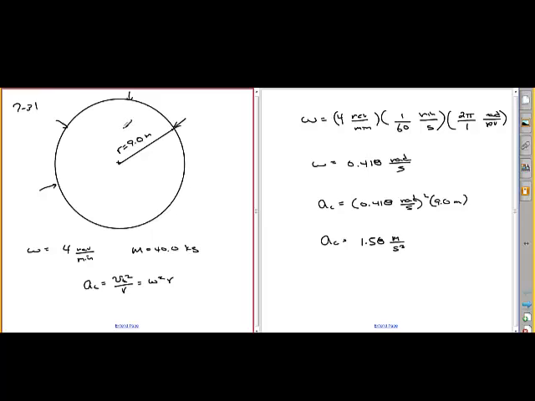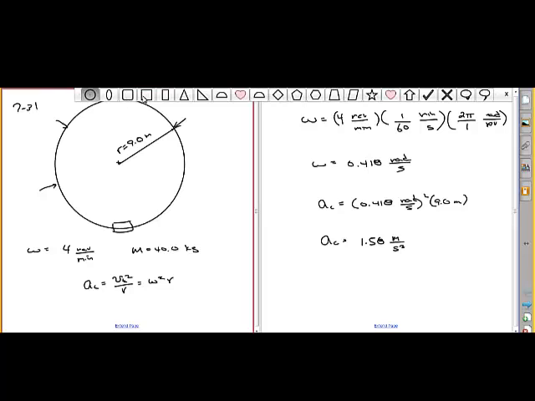What force, magnitude, and direction does the seat exert on the child at the lowest point in the ride? So that's right here. So let's draw a picture of the child. Let's draw a free body diagram of the child.